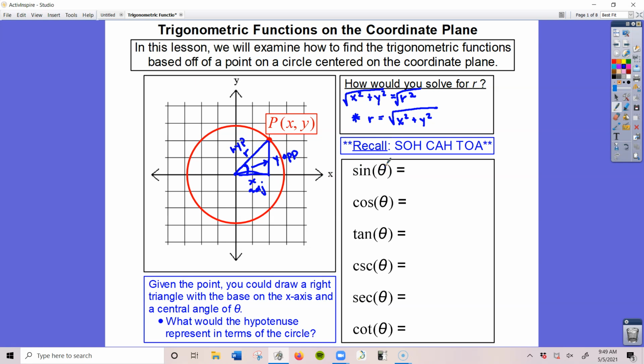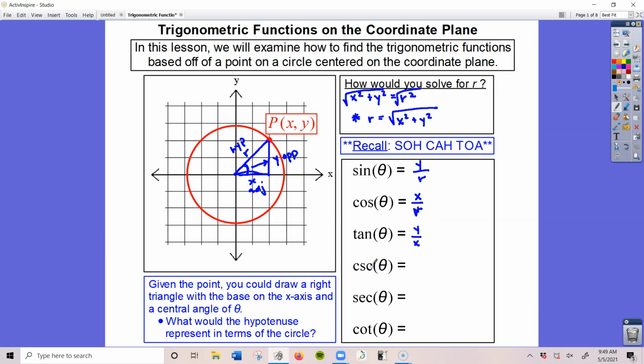So sine equals the opposite, which is y, over the hypotenuse, which is r. Cosine is the adjacent, so x over r. Tangent is the opposite over the adjacent, so y over x.